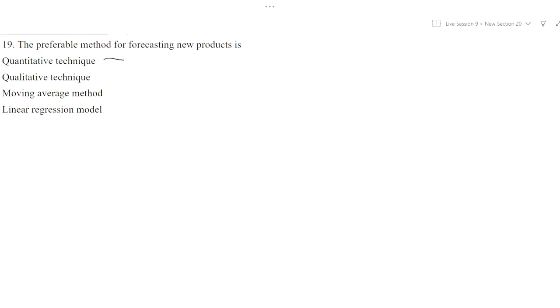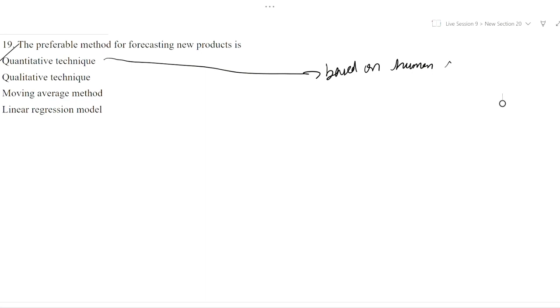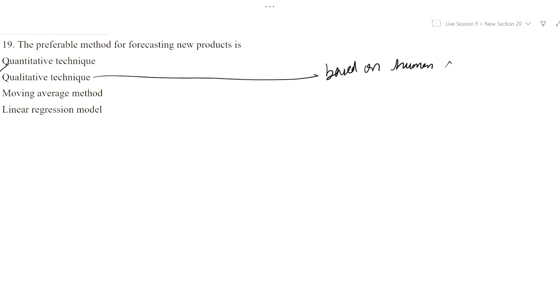So the most preferable is qualitative technique, based on human judgment.